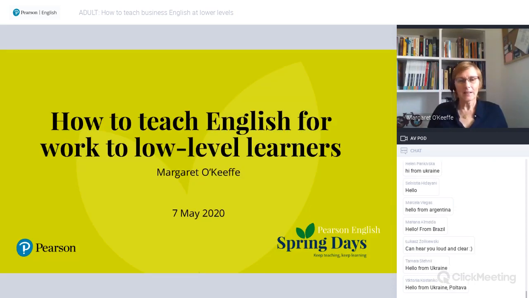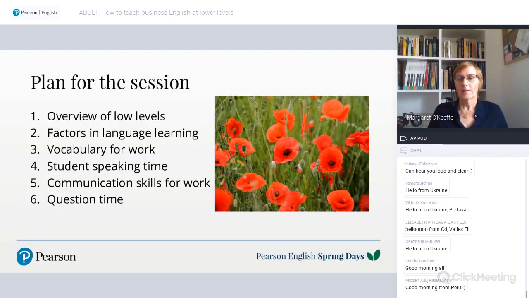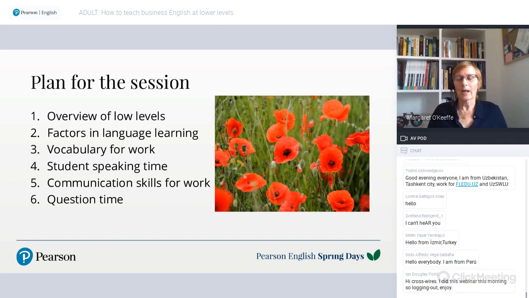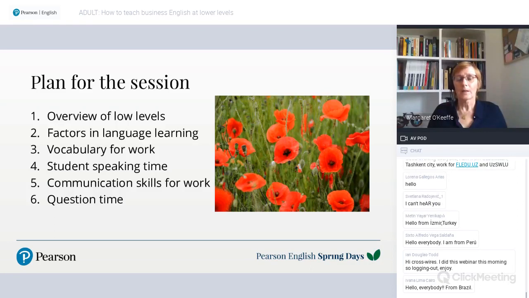The title then, as Richard said, is How to Teach English for Work to Low-Level Learners. And here's a little rundown of what we're going to be looking at in today's session. An overview of what I mean by low-level learners, the A1 and A2 levels. A very brief look at some of the factors that influence success in language learning.